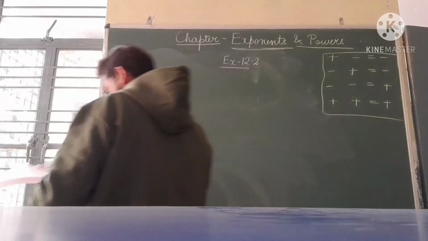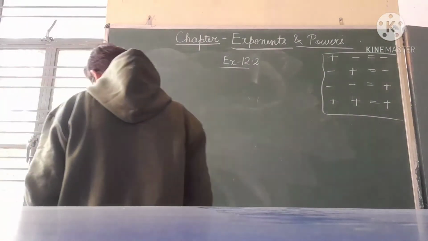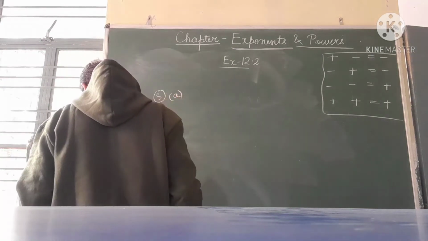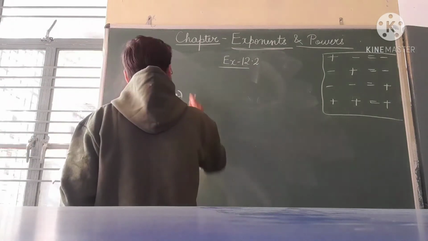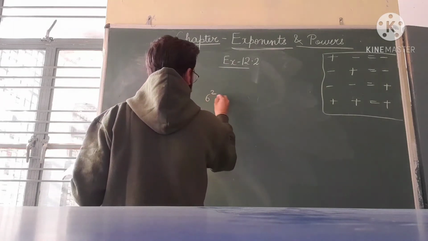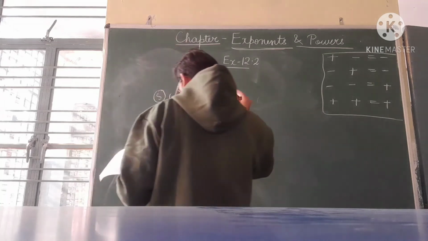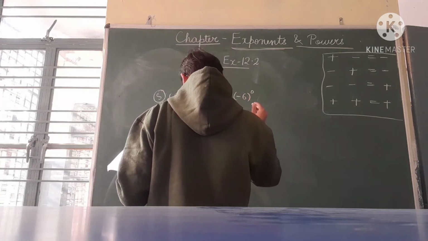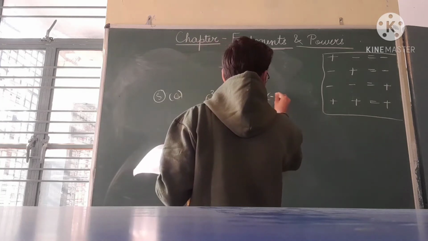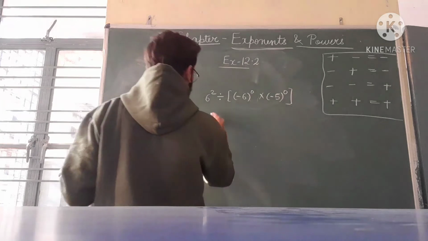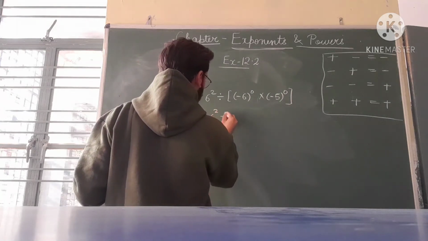That is the exercise. Now see question number 5, A part. What does it say? It's very easy. I think I will tell you the 6 part. It is 6 squared divided by minus 6 to the power 0 into minus 5 to the power 0. 6 squared will be as it is.